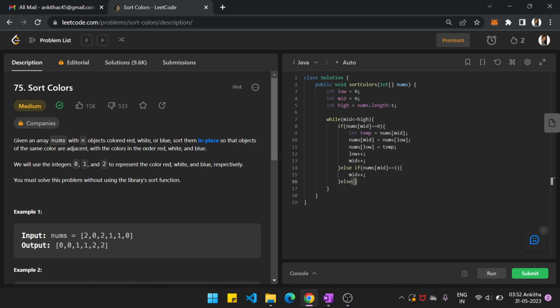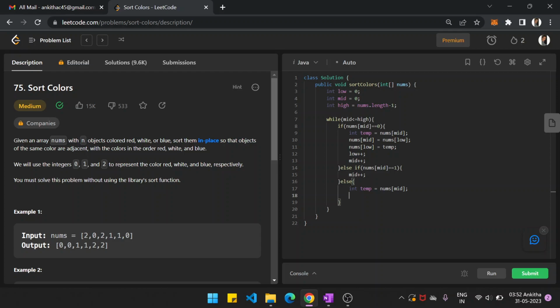Else, what will be? If nums of mid equal to 2, in that case, exchange it with the high. So in the same case, int temp equal to nums of mid, store in the temporary value. And you might notice we are declaring the same variable twice. But it's okay because either one of these cases will get executed, not both. So that is fine.